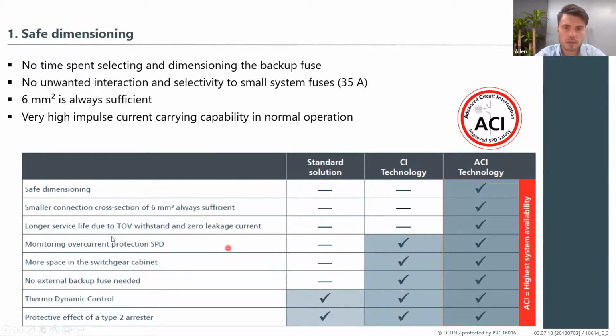As with the other SPDs, it has overcurrent protection, which disconnects the SPD in overstressed conditions. This technology also provides more space in your switchgear cabinets, and you don't need to install any backup fuses. And it also gives you type 2 protection.